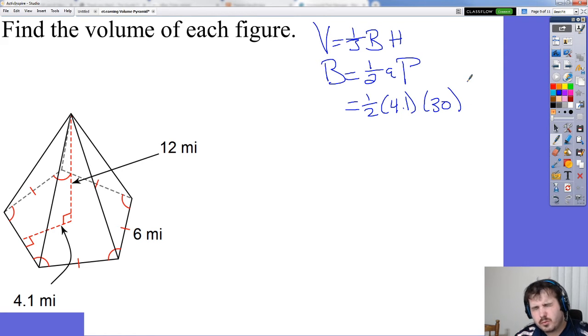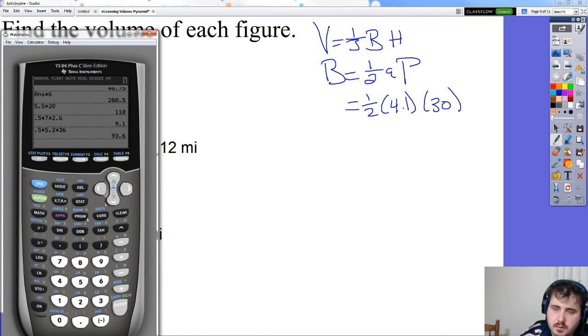And then you just go through. Okay, it's like 60 something, I think. 4.1 times 30 divided by 2. Hey, because you can do this multiple different ways.